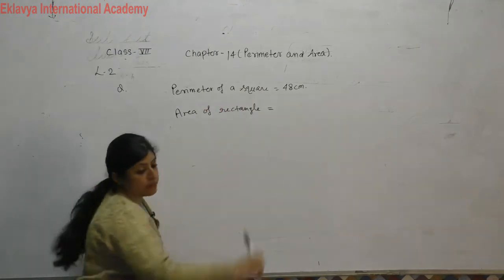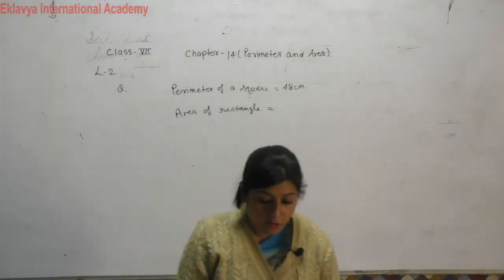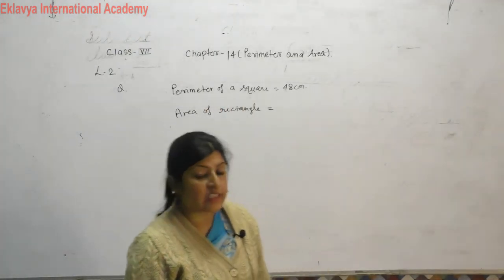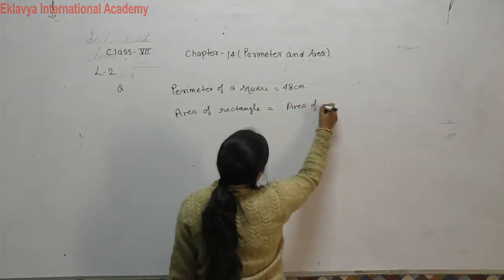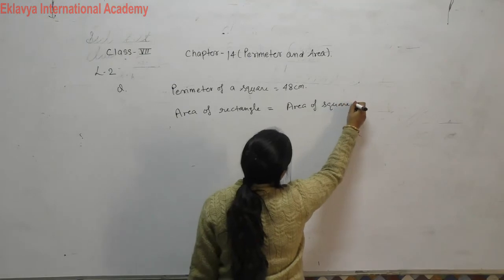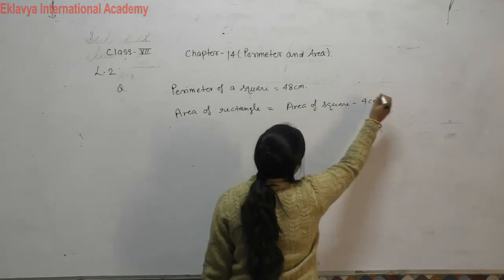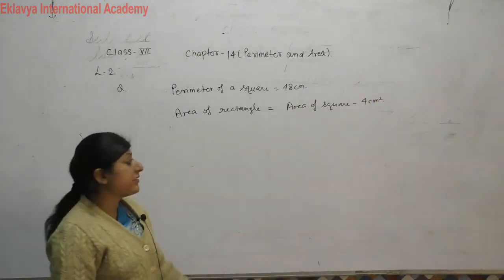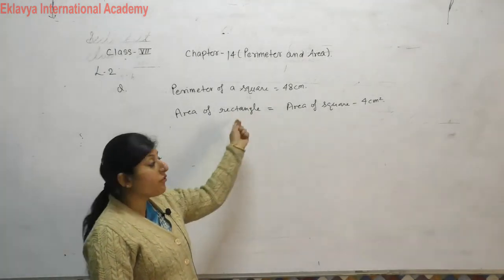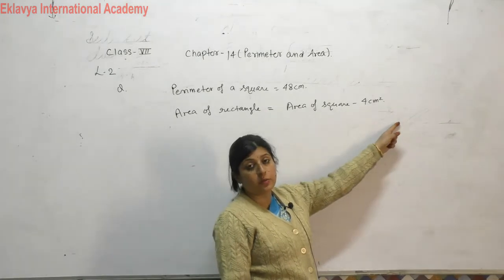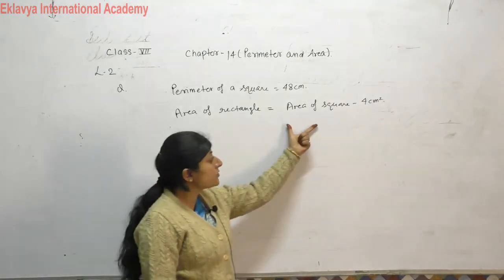is equal to 4 centimeter square less than the area of the square. इसका मतलब area of square minus 4 centimeter square. It is given to you area of rectangle is 4 less than, it means we will do minus 4 from something. Whose 4 less than?